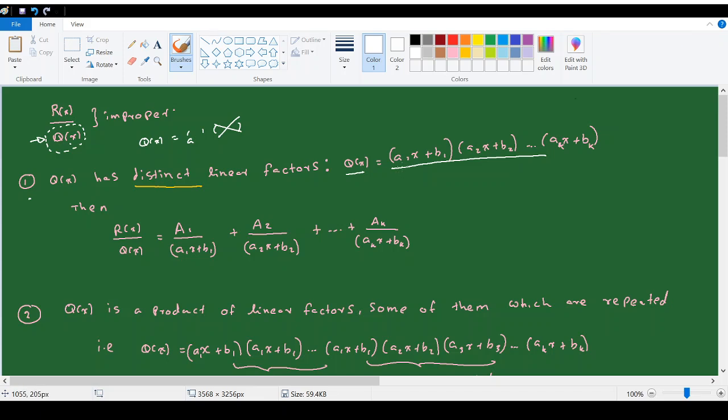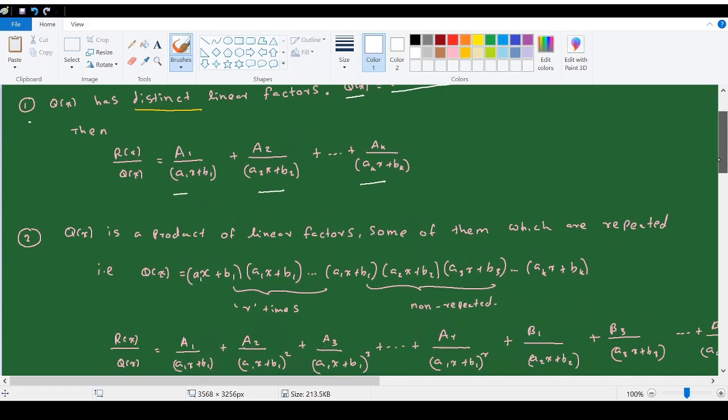then that means from the first category it says this improper fraction can be written like this. Okay, so we will go to an example.